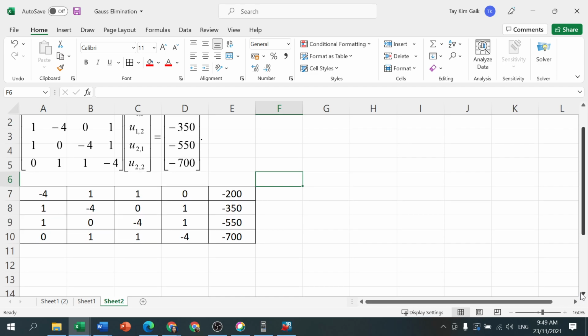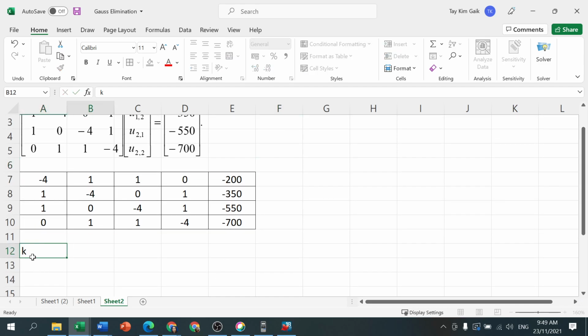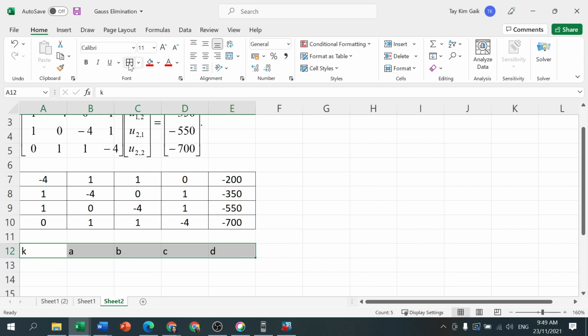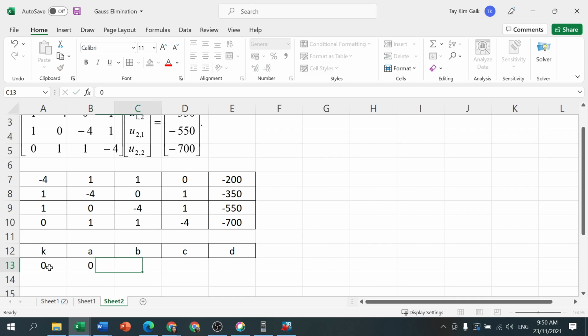Then put out this K, and this is A, B, C, D. K0, initial values all take 0. To make it a template, I'm going to make it general.